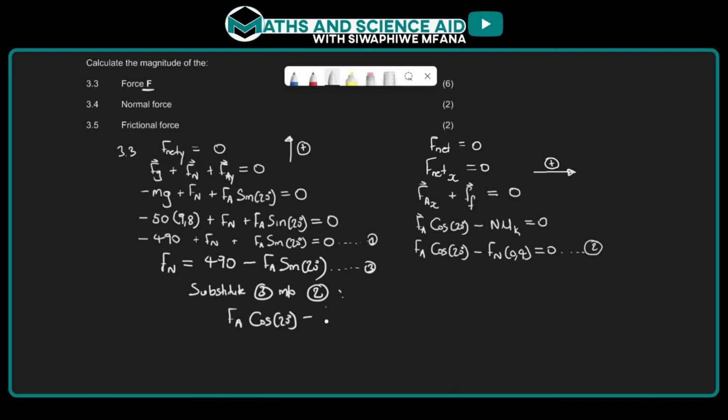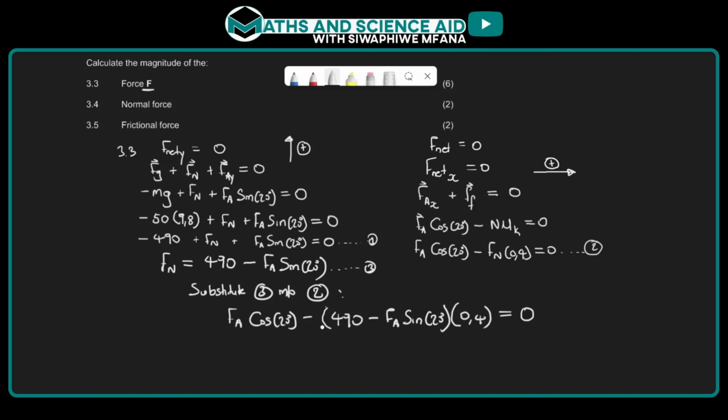And so to avoid mistakes with the signs, you need to write this inside a bracket. So in equation 3, we see that Fn is given by 490 minus Fa multiplied by sine of 20 degrees. And so all of that must also be multiplied by 0,4. Okay, and so this should be equal to 0.